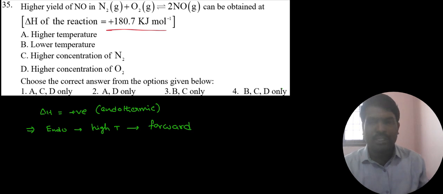Suppose exothermic: low temperature, forward. This line is very important. So endothermic, high temperature, forward; exothermic, low temperature, forward.